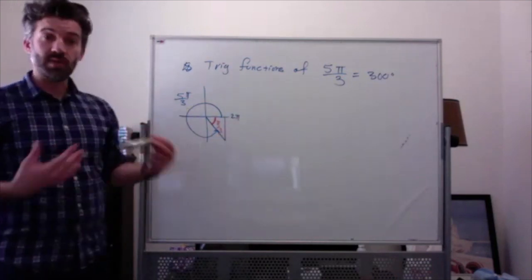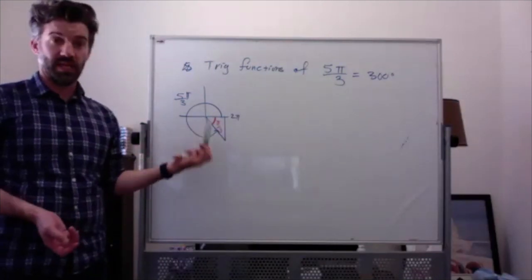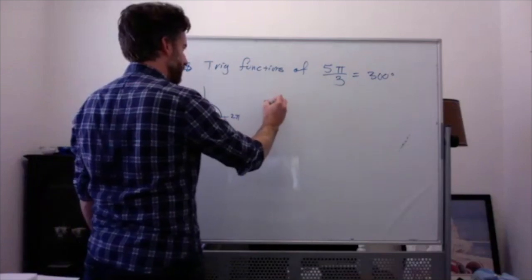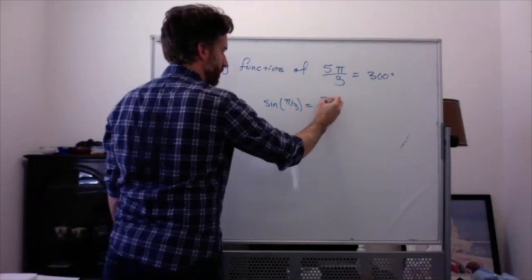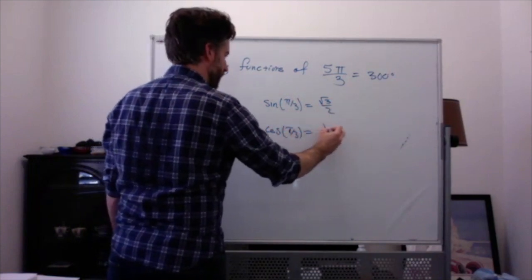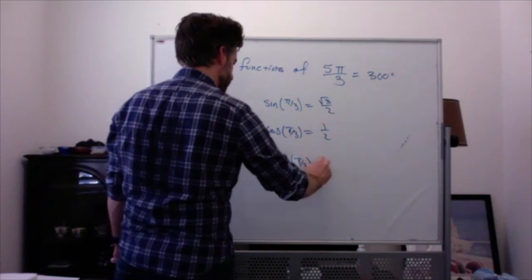So the special triangle I'm using is the special triangle that has pi over 3 as the angle. And I know that sine of pi over 3 is root 3 over 2. And cosine of pi over 3 is 1/2. And tangent of pi over 3 is root 3.